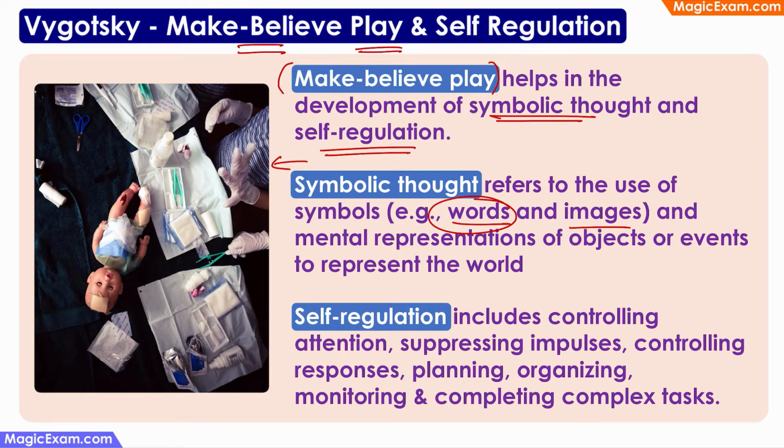The word FIRE is not physically a fire, but those letters are symbols to represent a fire. Therefore, when we use some words or images to represent some real world objects, like a tree, if I write TREE, that doesn't become a tree, but those letters represent a tree. Therefore, I'm using a word or an image to represent a real world object. Therefore, symbolic thought is where we use some words or images to send and receive information, to understand things.